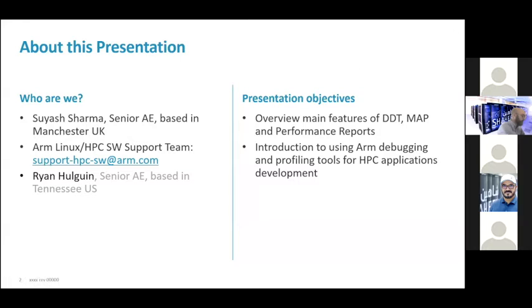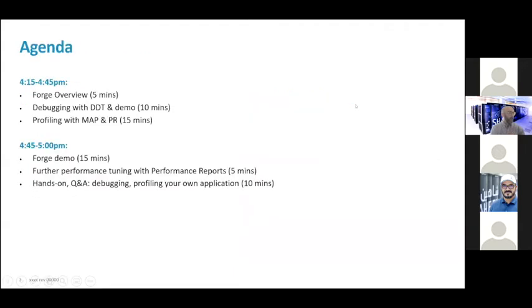Once again, the overview is going to cover DDT, which is a distributed debugging tool, MAP, which is a profiler, and the performance reports. We will be covering a little bit of overview quickly in the beginning before going on to the tools, and then in the end there's time for quick demos. So let's get on with this.